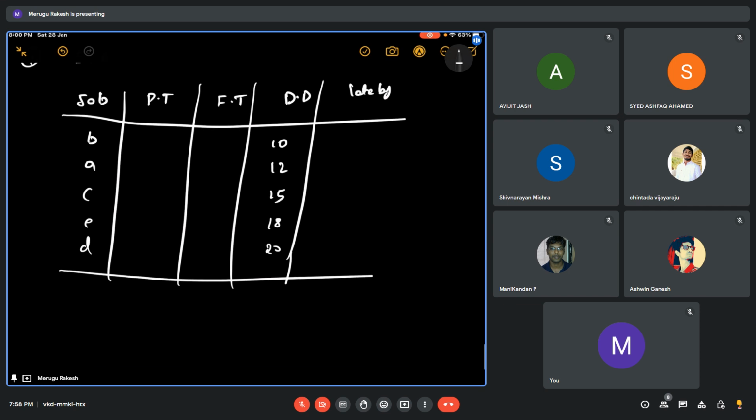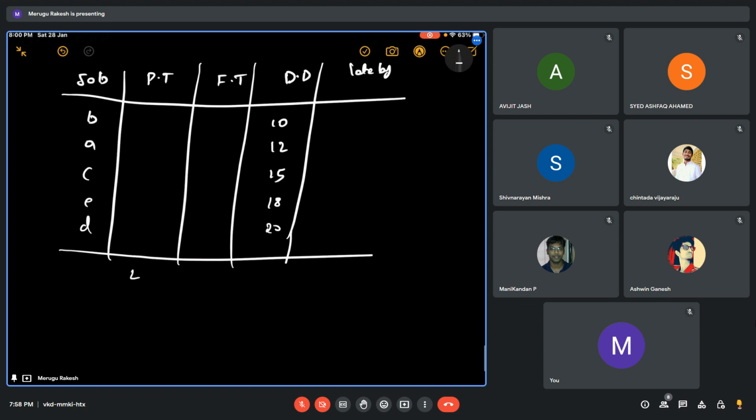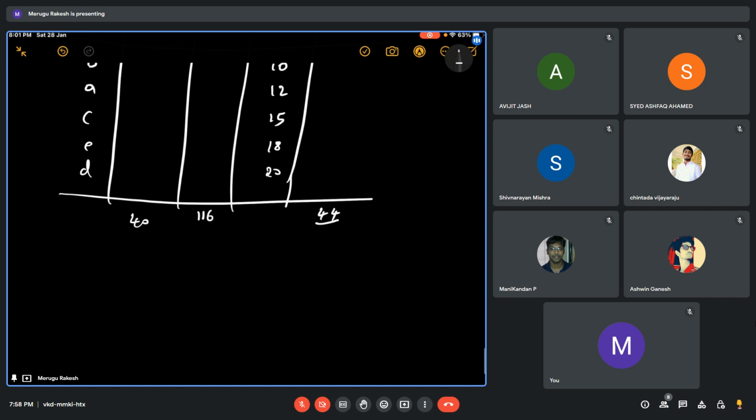In this, if you do, you'll be getting processing time similar, 40. Then we'll get flow time 116, but the average lateness is 44. And then all the parameters, I'm just writing.